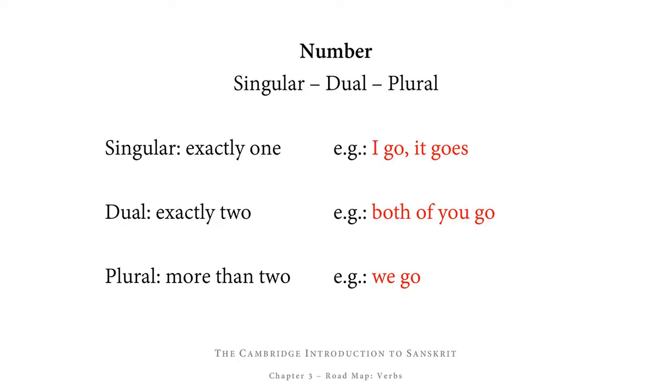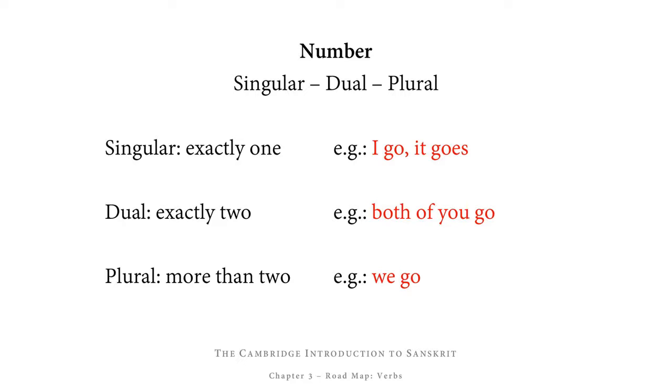So for example, in English, I go, it goes, she goes, and so on. The dual would talk about exactly two people doing something. For example, both of you go, both of us see, both of them run, and so on. And the plural would talk about more than two. So for example, we go, they all go, you see, and so on.